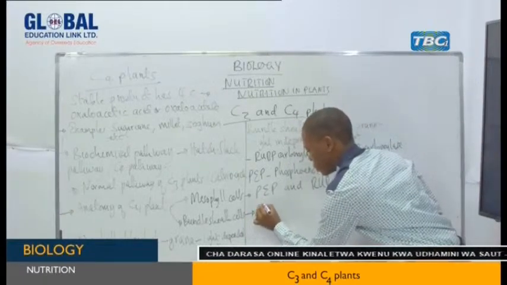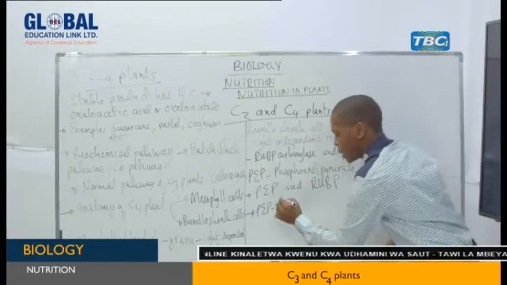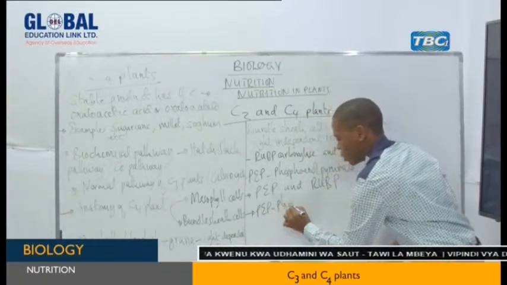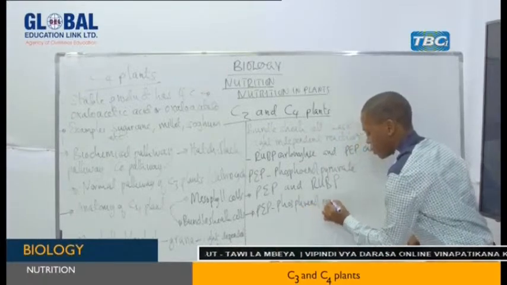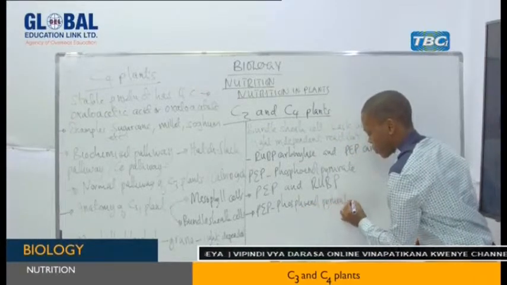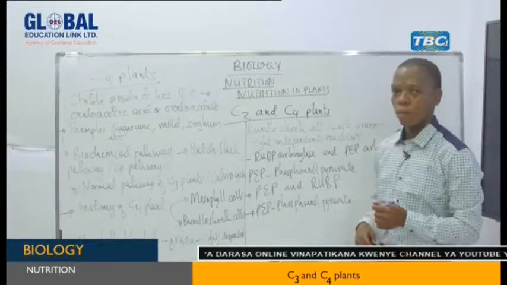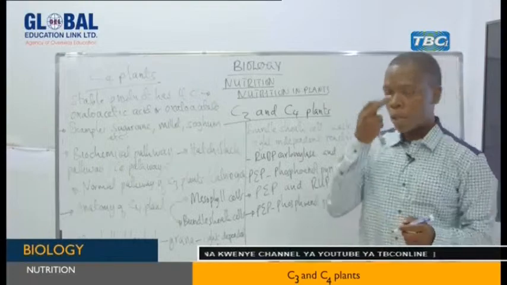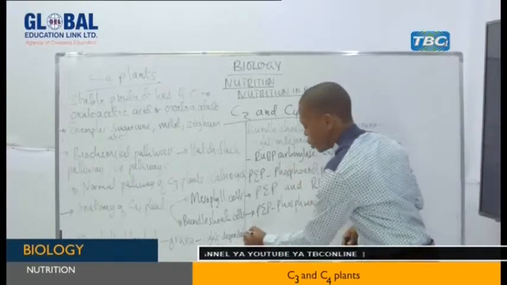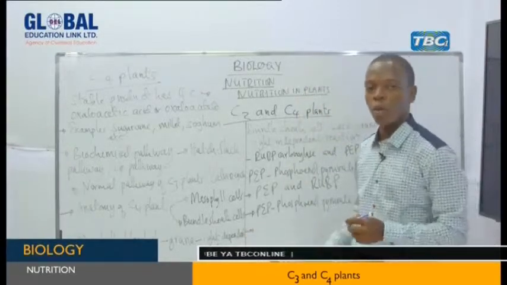PEP, the carbon dioxide acceptor, is known as phosphoenol pyruvate. You need to remember that this kind of photosynthesis is mostly for plants found in tropical and subtropical areas.